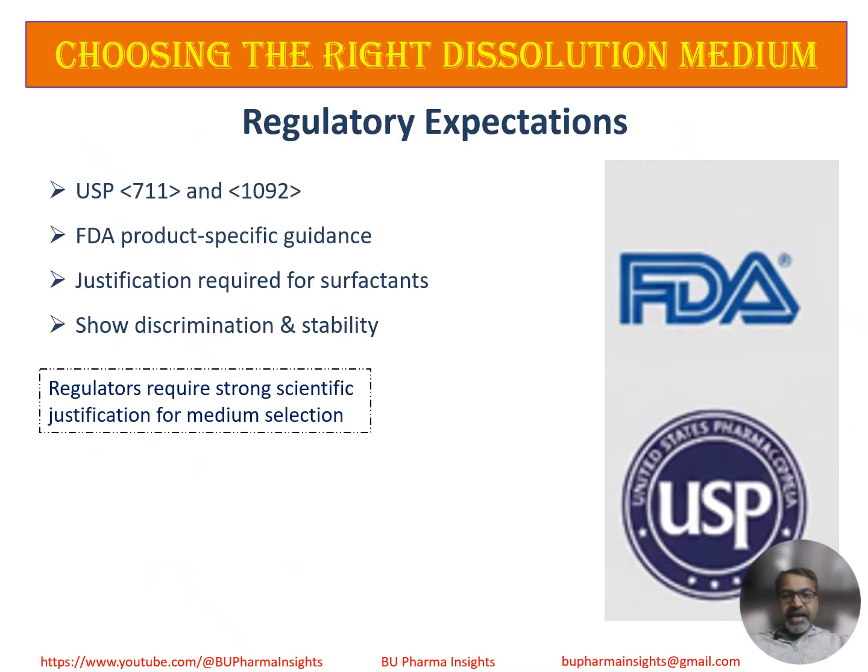Regulatory agencies expect biorelevance, discrimination, and scientific justification, not arbitrary media choices. Guidance from the USP, including USP 711, USP 1092, and FDA product specific guidance, clearly reflect this. Any use of surfactants must be justified, and the method should demonstrate discrimination and stability relevance.